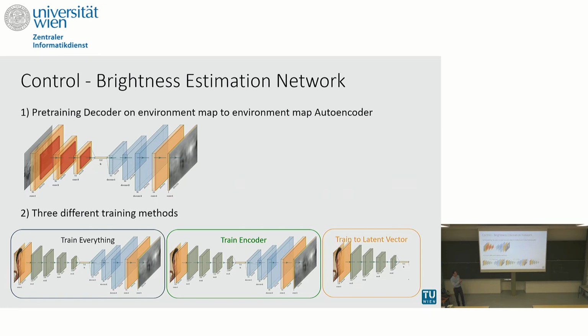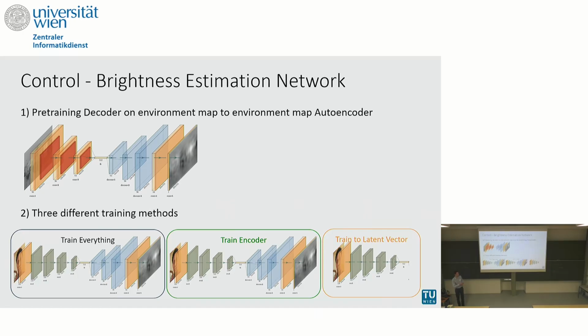So we first created this autoencoder, and then we tried three different ways of training our face to illumination estimation network. We connected the face with this later part of the network, and we trained the whole network again. The second one was that we fixed the decoder here, and we only trained this part, the encoder.